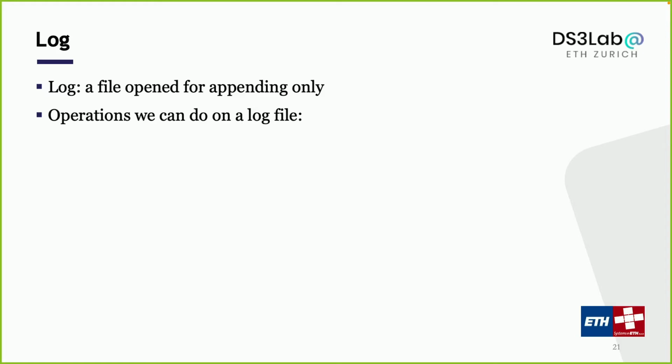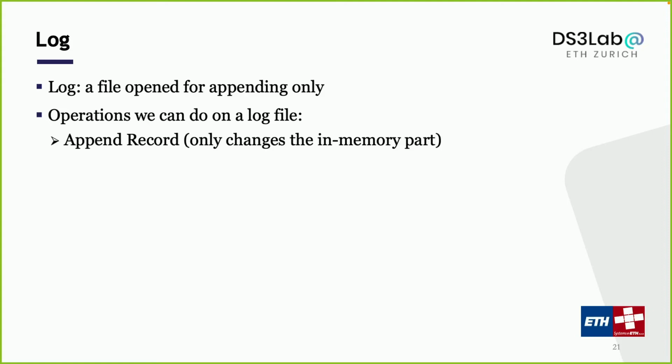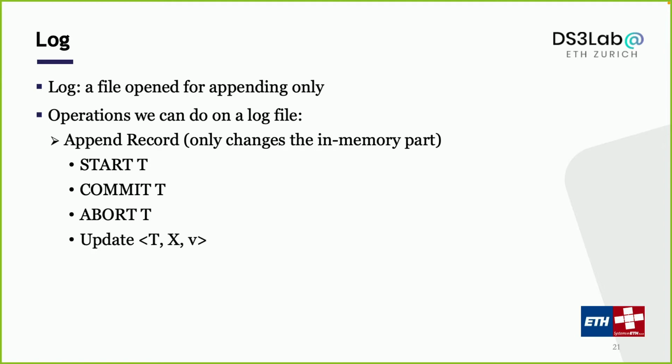Whenever you append something to the log, you are actually keeping track of some record or operations the system is doing. For example, you can append a record to the log file to say start T, transaction T started. You can append another record like commit T, right? Or you can keep values. You can say in transaction T, it updated the value of X to V, right?